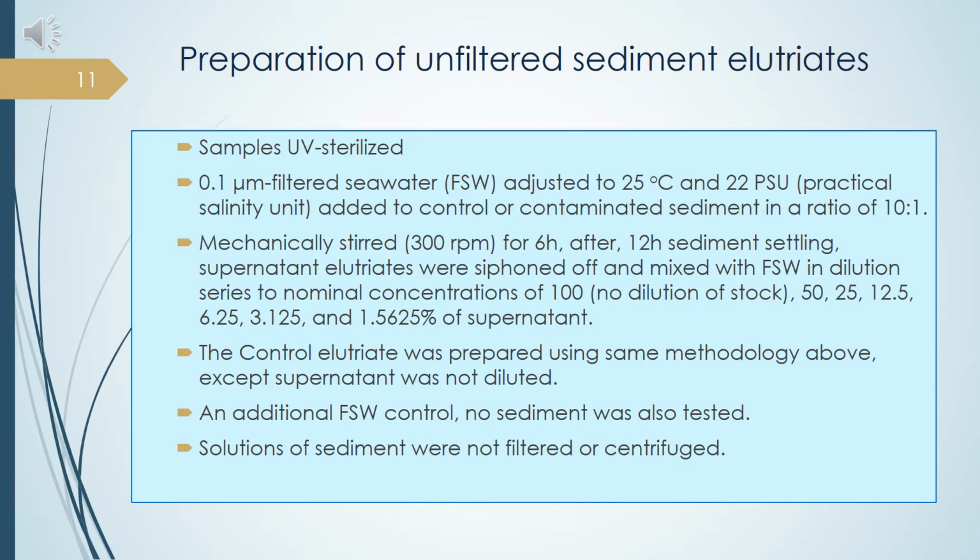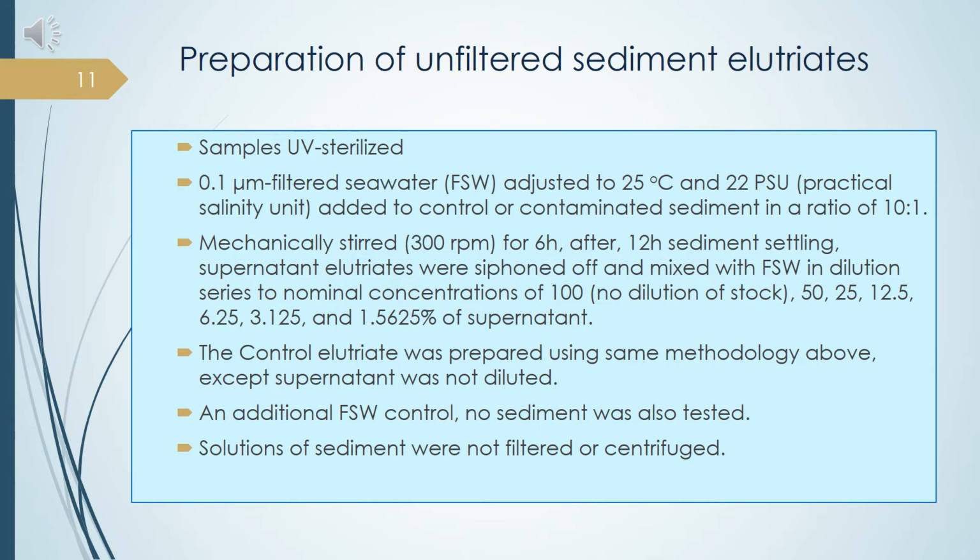They were added to the control or contaminated sediment in a ratio of 10:1. Then it was mechanically stirred at 300 rotations per minute for 6 hours, after which there was a 12-hour settling out period for the sediment.